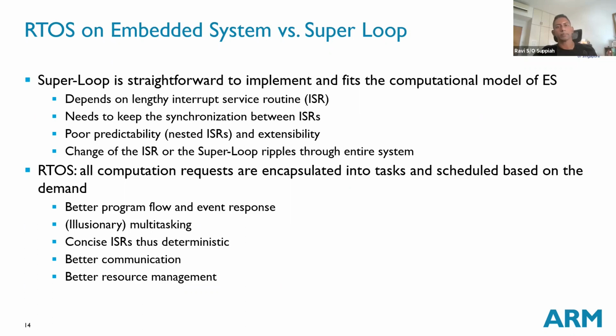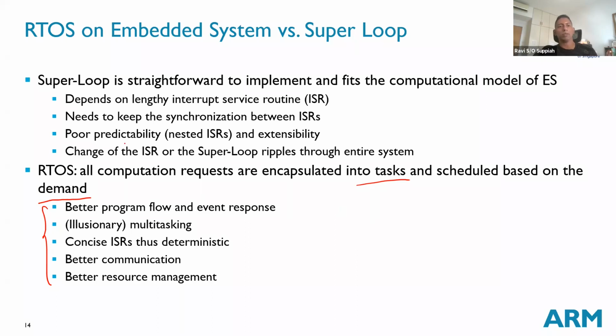The whole idea of the RTOS is to get past this super loop and encapsulate the things we want to do into tasks, and schedule them based on some form of demand. This helps us to have a much better program flow. The overall structure of your program will be much better, and most importantly, you have a more deterministic response.